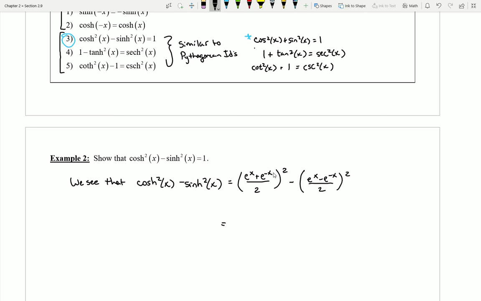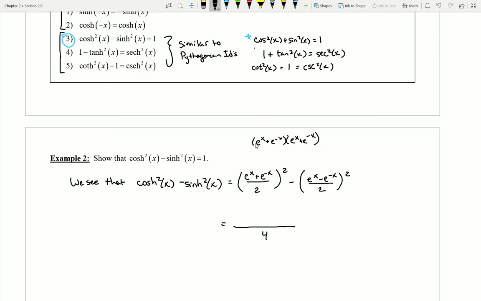Now, I can start to square some of this. It's not too terrible. To square it, clearly I'm going to get something that's over 4. And then I can square the numerator. Notice this is going to be e to the x times another e to the x. I'm going to quickly write it out up here.